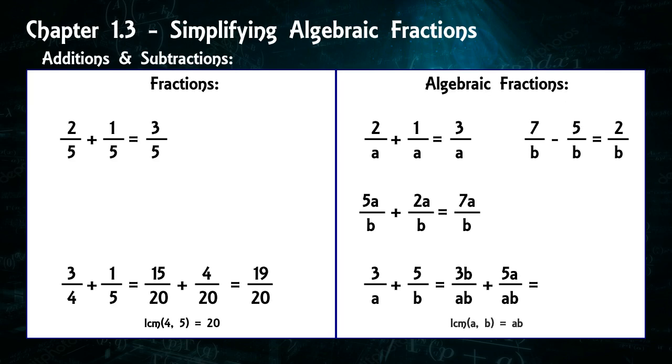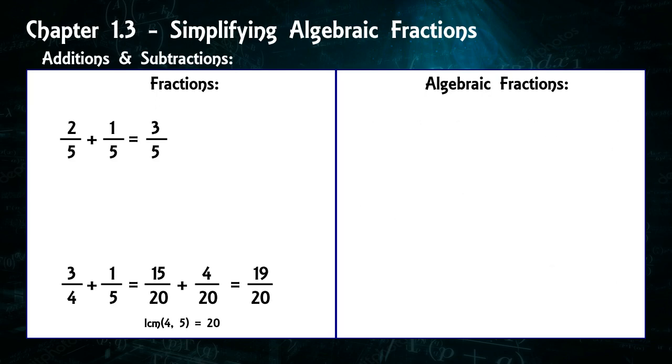Now that they are the same, we can add them. The ab denominator stays the same, just like it always does. The numerator becomes 3b plus 5a. You heard me? 3b plus 5a, not 8ab. Do not make that mistake.